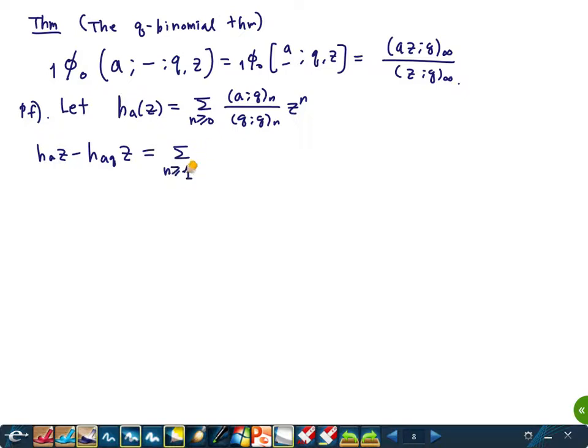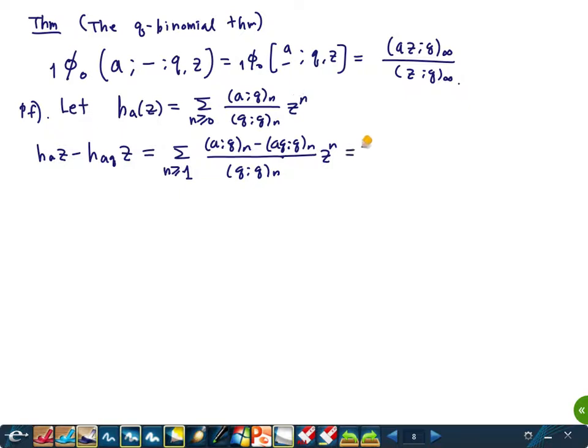When n equals 0, they are both 1, so we can consider n from 1. Then (a;q)_n over (q;q)_n z^n minus (a;q)_n over (q;q)_n (qz)^n. I just expressed that using the definition.